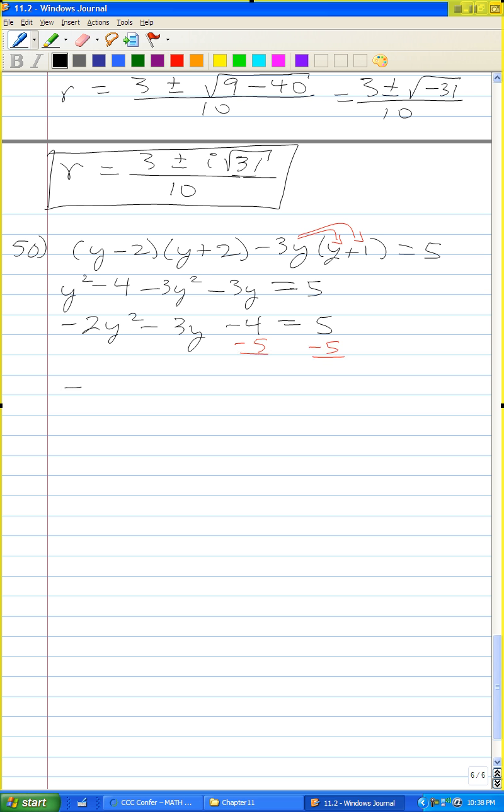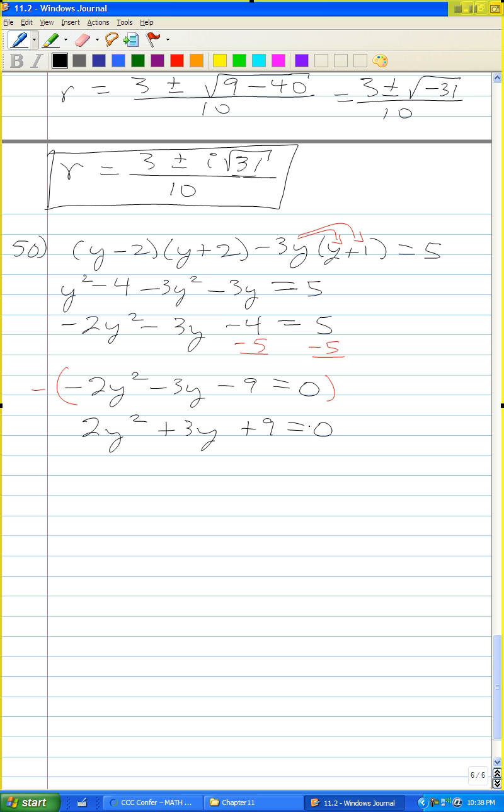And so I get negative 2y squared minus 3y minus 9 is 0. I would multiply both sides of my equation by negative 1 to get rid of the negative in front of the square term. And so I finally get 2y squared plus 3y plus 9 is 0.